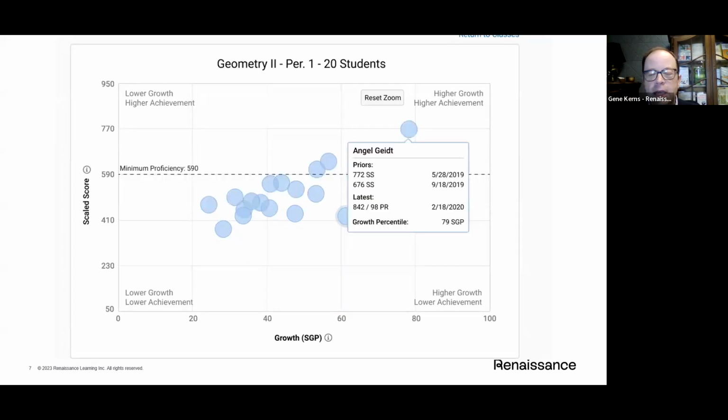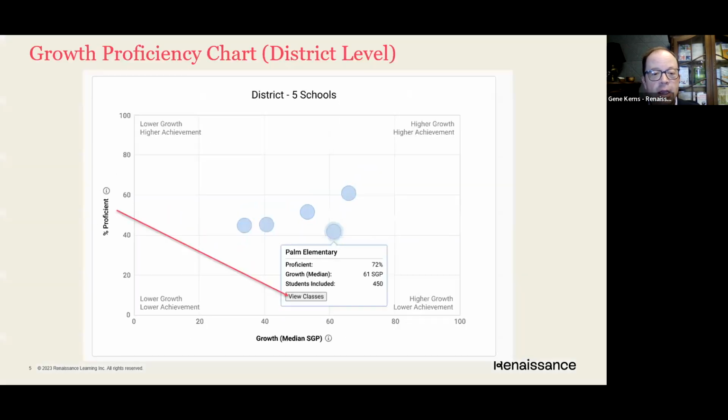We started at the top, and by the time we've drilled down, we're at all of the individual students within one single class. So you can go right down to see if there's something concerning to you. I might have begun up here and said, I'm really happy with what's going on in Palm Elementary School. Let me look and make sure all of the classes are achieving growth like this.